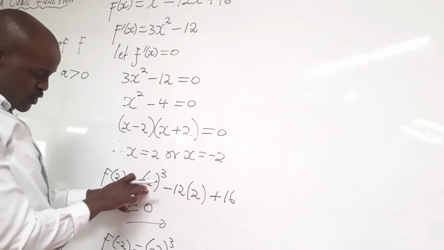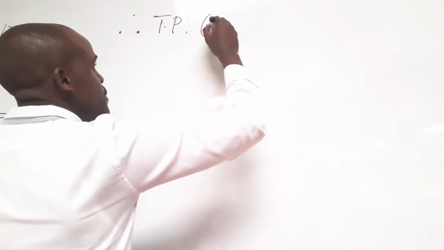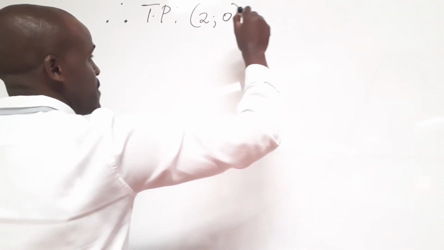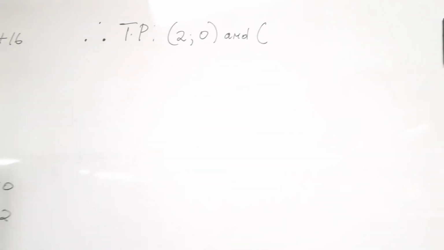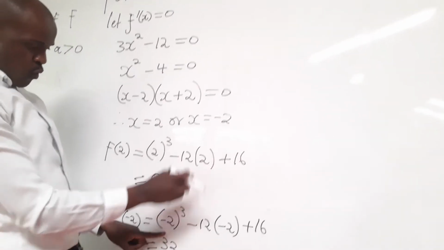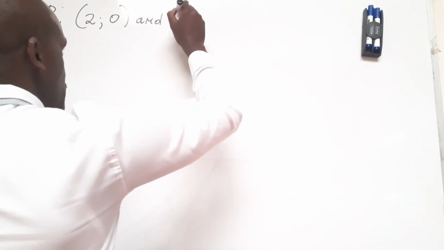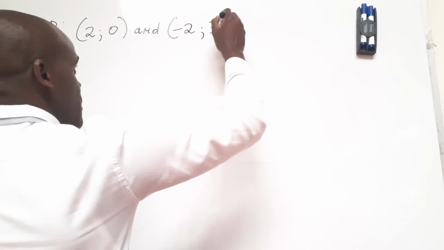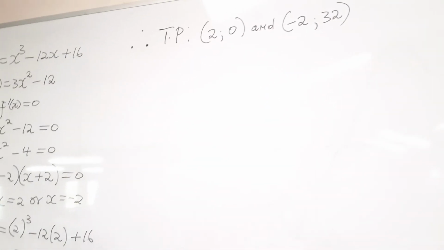If x is equal to 2, y will be 0. So it's 2 is to 0, x is to y. The other one, if x is equal to negative 2, y will be 32. So it's negative 2 is to positive 32. And then we've got all the points now.